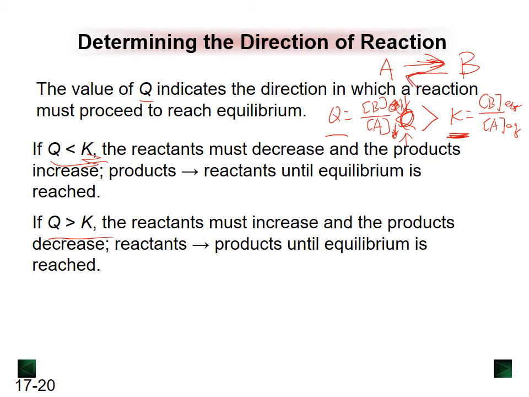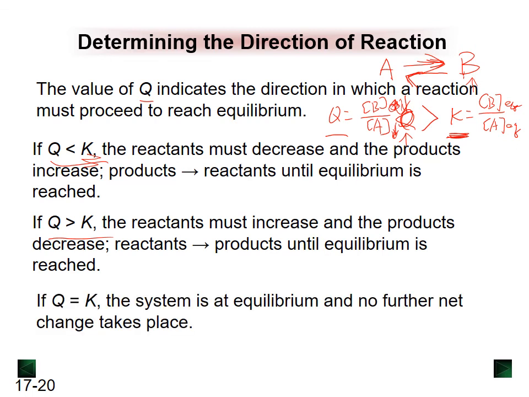If the reaction goes reverse, it will decrease B, which is the product, and increase reactants. Now, if Q is already equal to K, that means the reaction is already in equilibrium, so no further net change takes place.